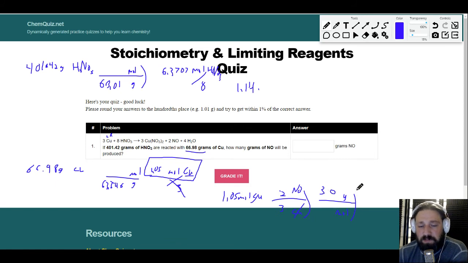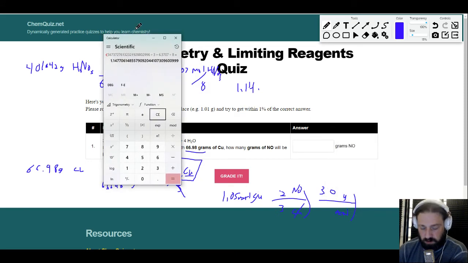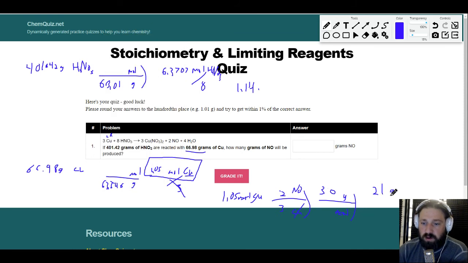Okay, there we go. And now we can just plug and chug. Moles cancel, coppers cancel, grams of NO. 1.05 times 2 divided by 3 times 30 gives 21 grams of NO.